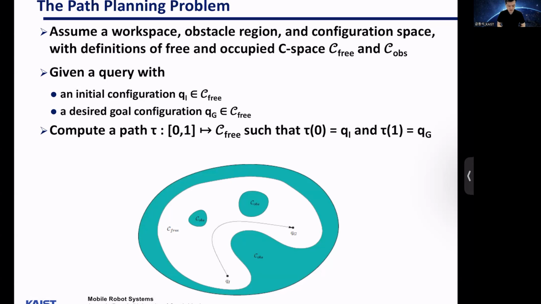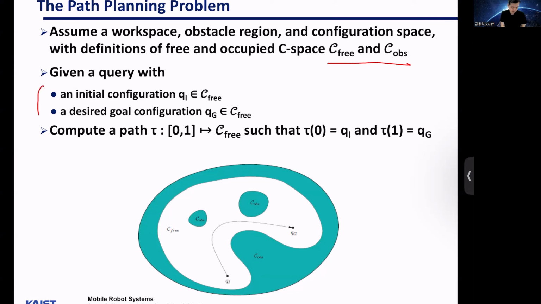The path planning problem is as follows. Assume we have a workspace, obstacle region, and configuration space available, with definitions of C-free and C-obs, which are the free configuration space and the obstacle or occupied C-space.